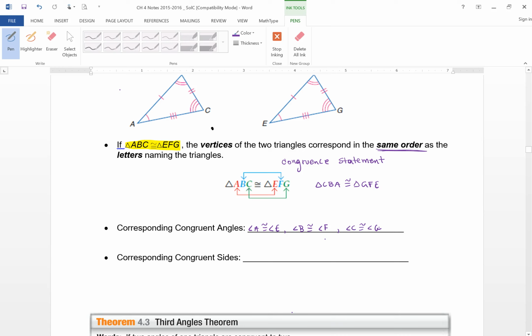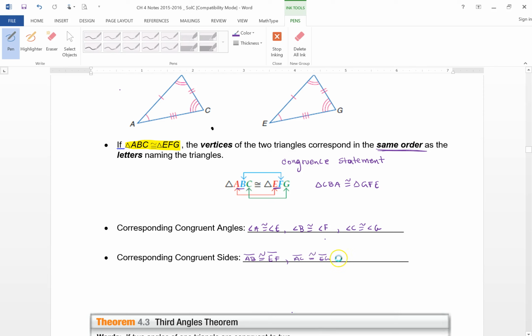Sides are the same situation. Okay? So if I say segment AB, then that would have to be congruent to EF right here. First and second letters, first and second letters. And then if I say segment AC, that would be congruent to segment what?